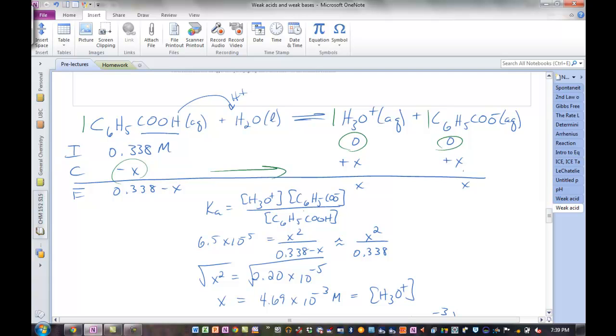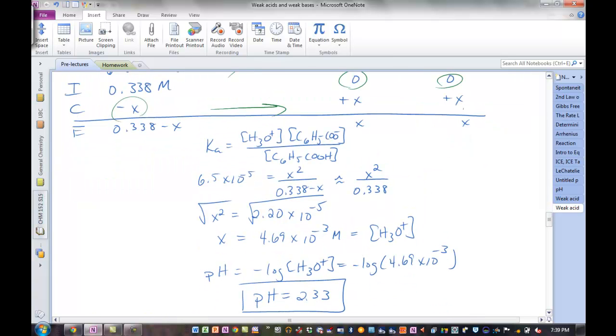All right. We write our Ka expression. We do not include water as a pure liquid in that expression. We then plug in. The Ka value would be given in the problem, or you'd have to look it up. Plug in our X and X for X squared in the numerator, products over reactants, 0.338 minus X. Now, most times you can make the assumption that the initial concentration stays about the initial.